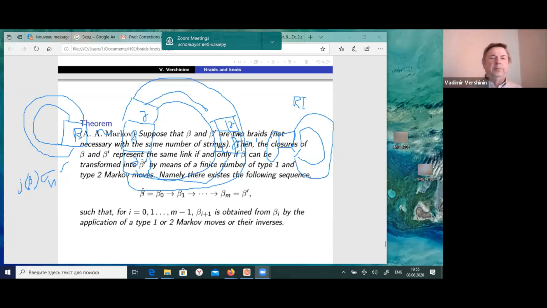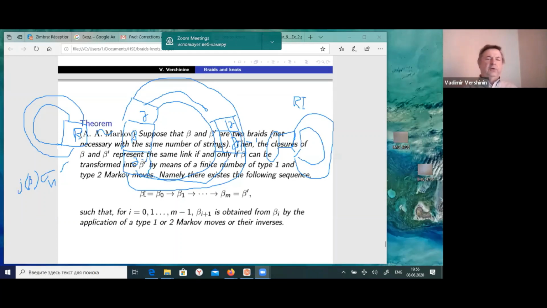So this is actually the main problem in the application of the Markov theorem: in the Markov process, the number of strands may change. For example, you start with some braid, then you can go far, far away with the number of strands very big. Then you get here conjugation, and then again you are diminishing the number of strands.